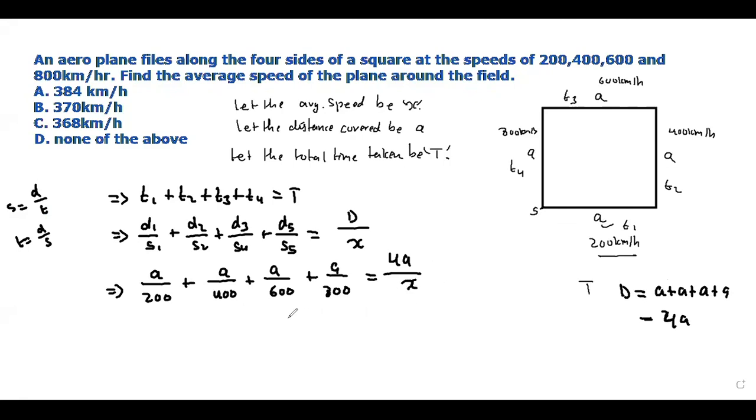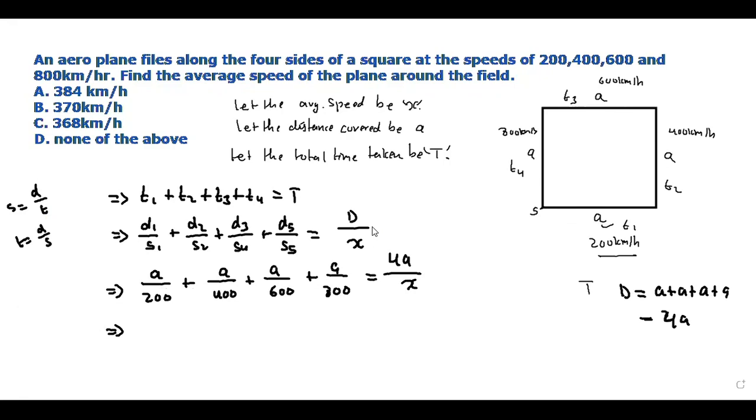Now we are supposed to find this x. So what you need to do here is find the LCM of 200, 400, 600, 800. Try to do this yourself. I will directly write the answer: the LCM should be 2400.